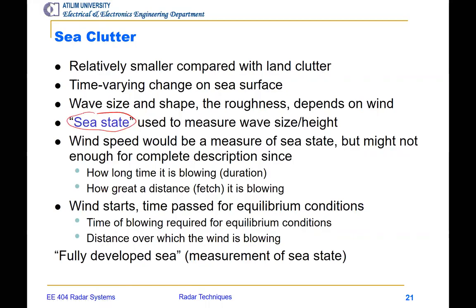Sea state defines or measures the wave size or height, and usually waves are related to wind and the duration of the wind in time and space, as well as its equilibrium conditions, which are important for classification of the sea or defining the sea state.